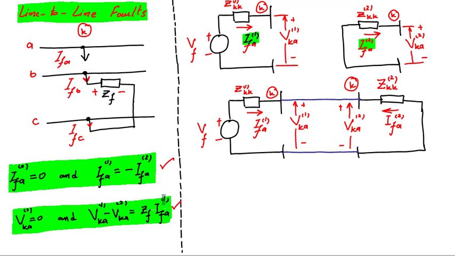So it is not satisfying the sequence voltage characteristic equation, because the difference here is 0, but according to the characteristic it must be equal to this voltage drop ZF into IFA positive sequence. It means we will have to insert an impedance equal to ZF between K of the positive sequence and K of the negative sequence.